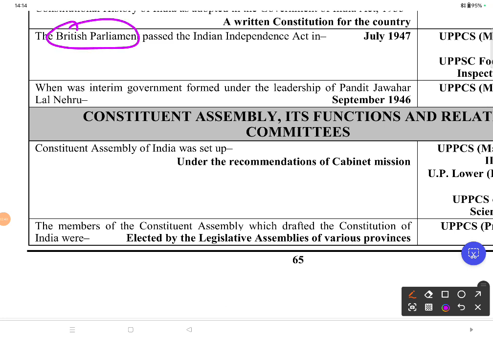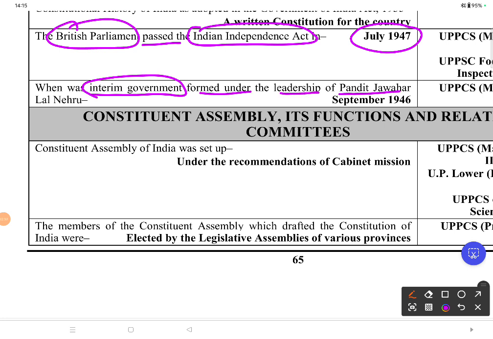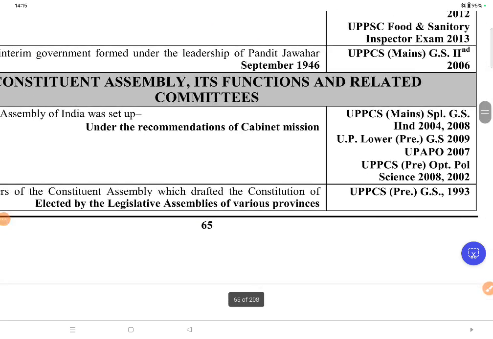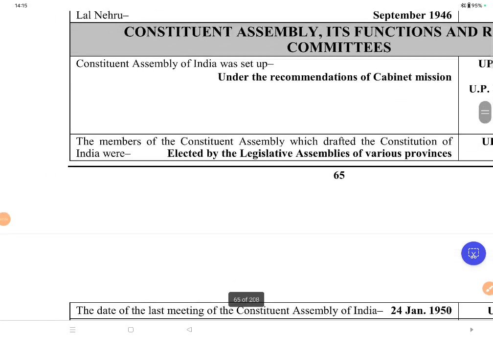The British Parliament passed the Indian Independence Act in July 1947. When was the interim government formed under the leadership of Pandit Jawaharlal Nehru? That is September 1946. Move on to the next chapter, that is Constituent Assembly, its functions and related committees.